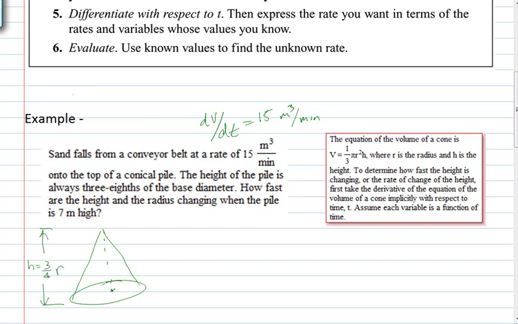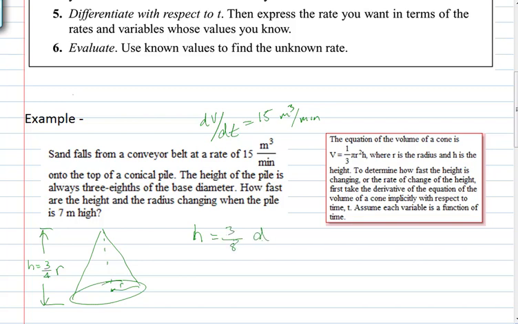Just drawing a picture as I go along. So if this is the radius, this is the height is 3/4 of the radius, right? Showing that, please. Nope, I think it's 3/16. Hang on. The height of the pile is 3/8 the diameter.